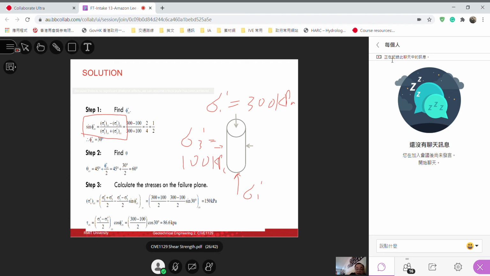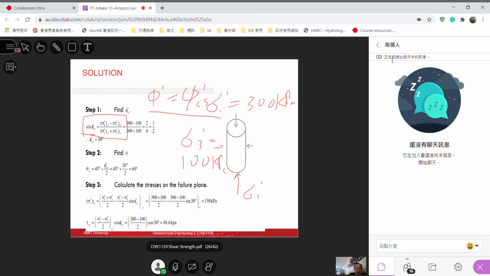First of all, we want to find out the angle of friction. The maximum internal angle of friction is equal to the critical state angle of friction, because at undergraduate level we don't differentiate between the two. So just assume they're the same.